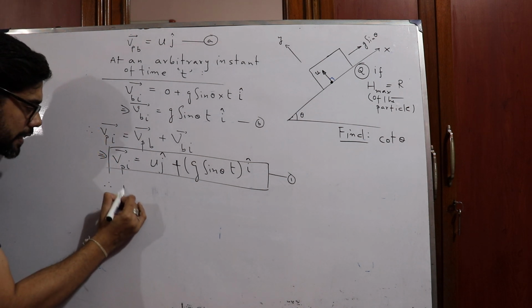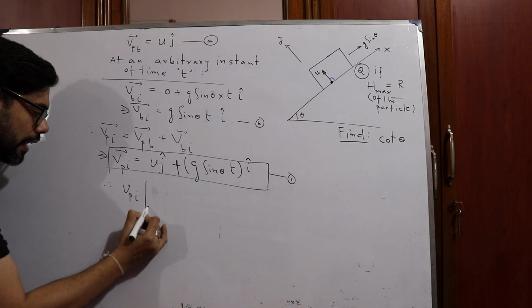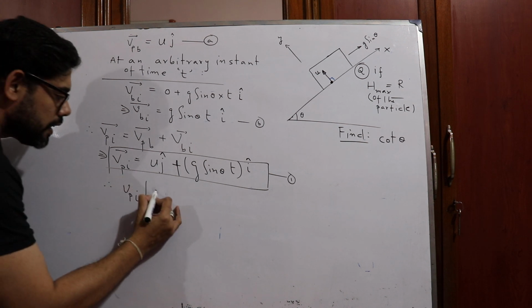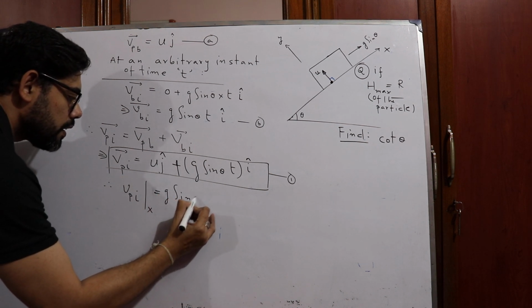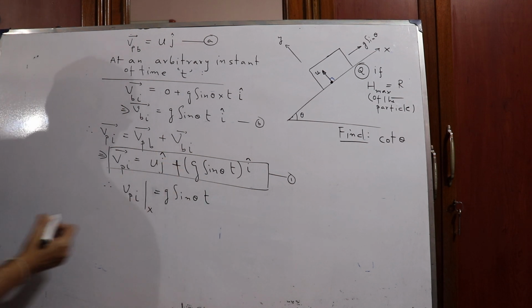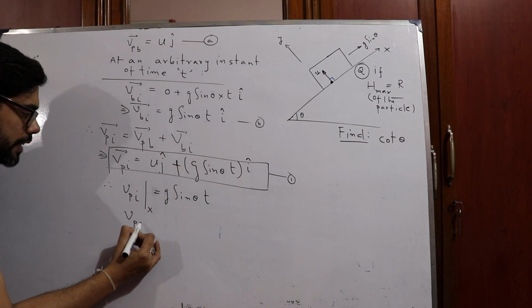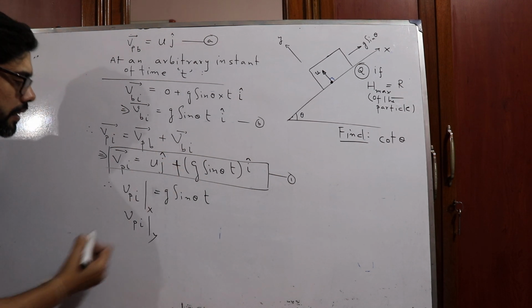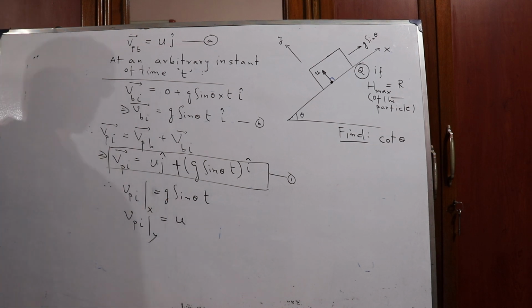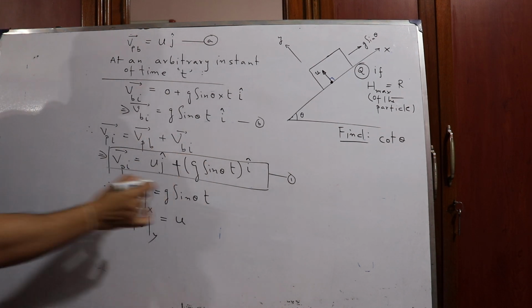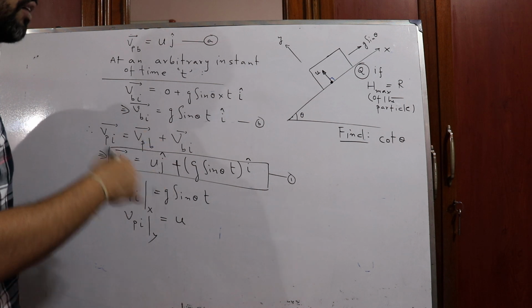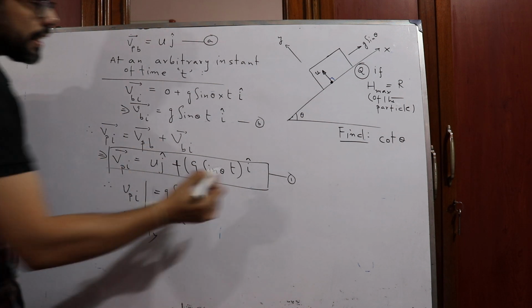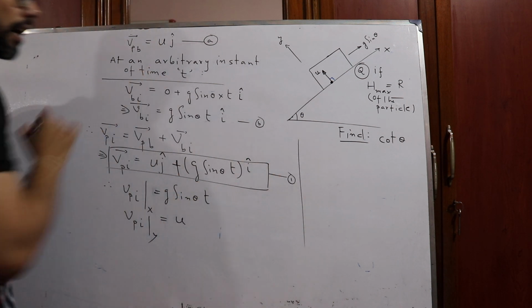So velocity of particle with respect to inclined plane along x component is g sine theta into t, and y component is equal to u.